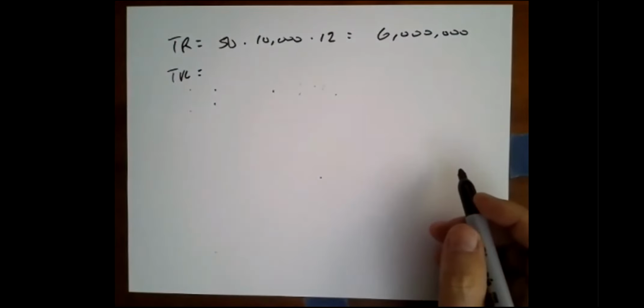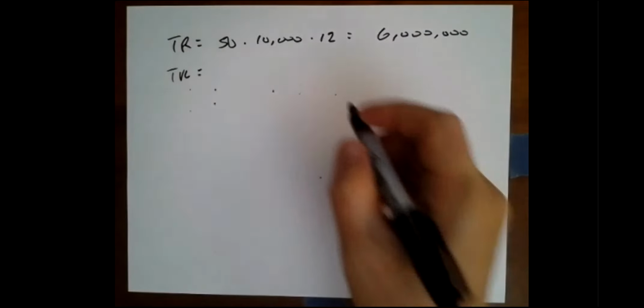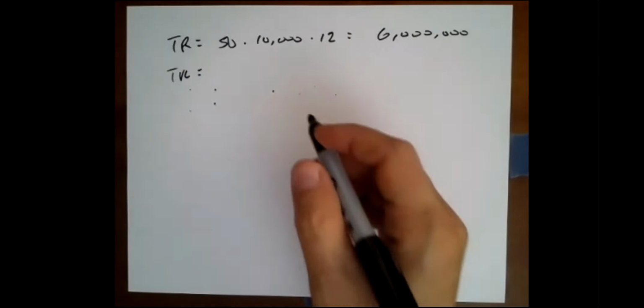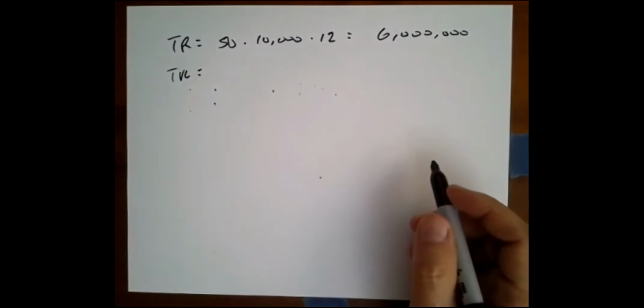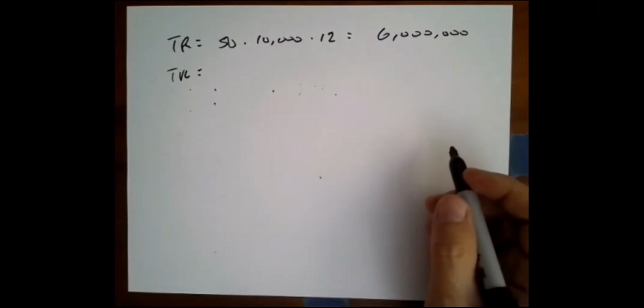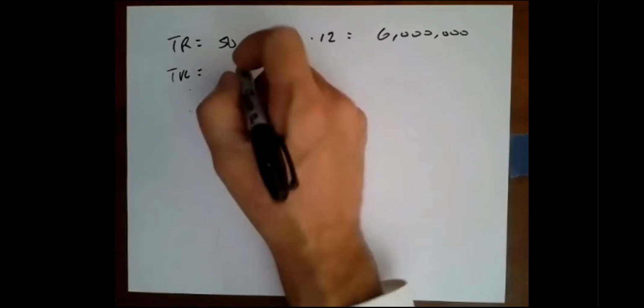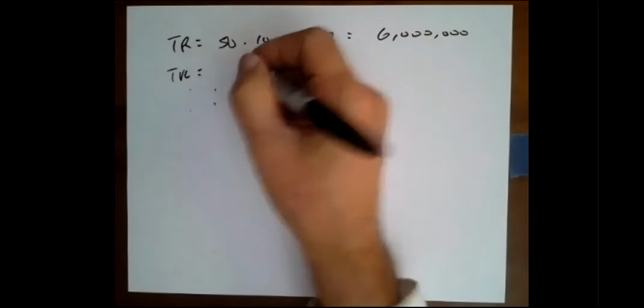Total variable cost, let's say utilization, right? So let's say that there are 100,000 visits.